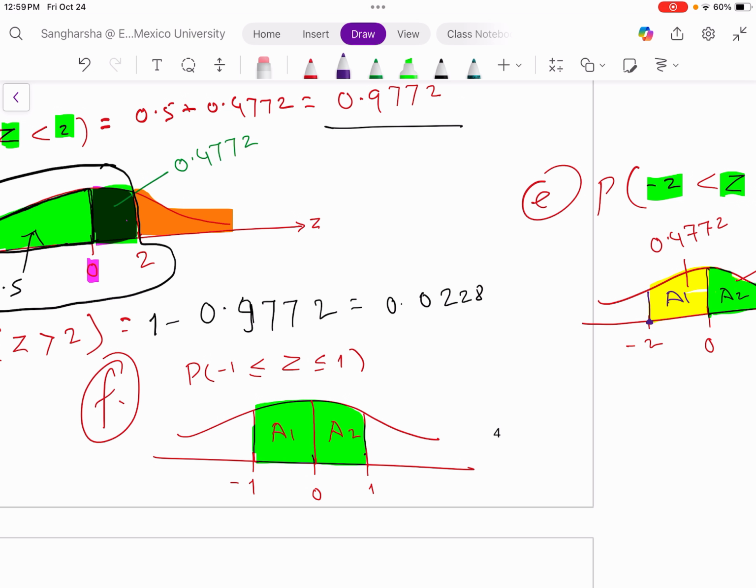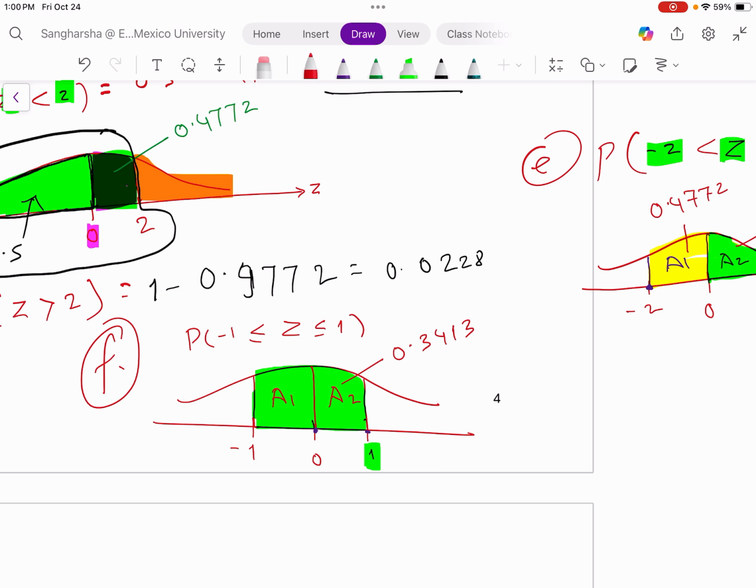Our G is from 0 to 1, so we look for G 1.00. If we go back to our normal table, 1.0 is here, 0 is here, so 0.3413 is the area A2.